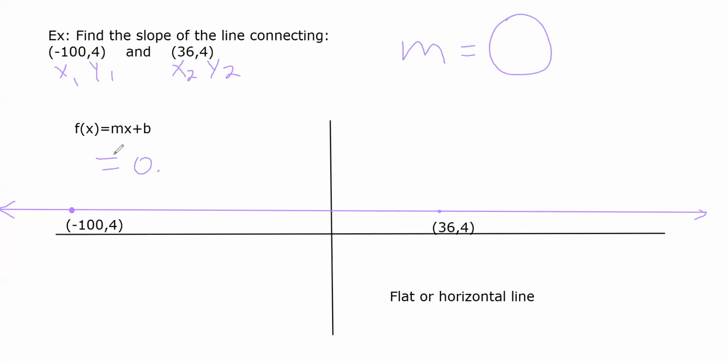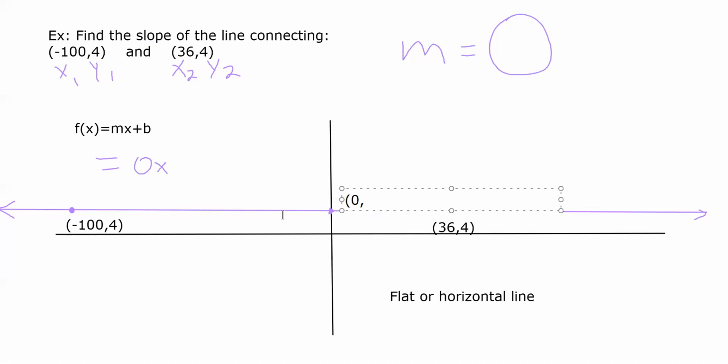So it's 0 times x, which of course means it's going to get wiped out altogether. And then here, we'd want to know the y-intercept. The y-intercept will always have a coordinate of 0 for x. And then look at this, the y values are supposed to always be 4.